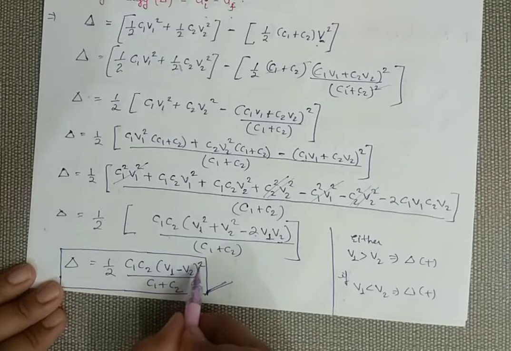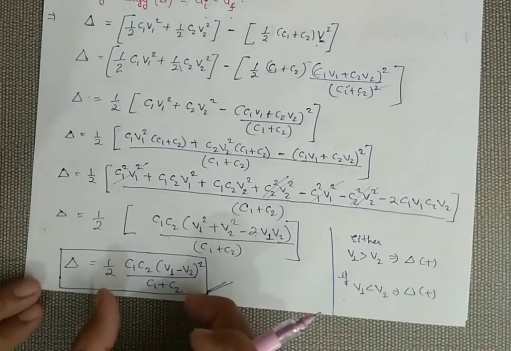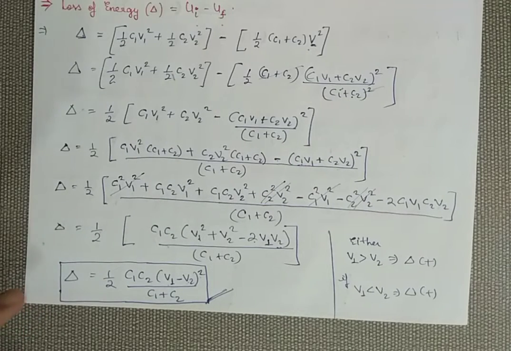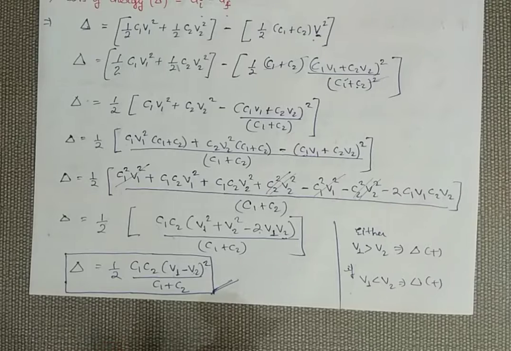If V2 is more, but there is a whole square, so this factor will always be positive. This factor can never come out negative. And if this is always positive, it means there is always some loss of energy. And remember, this loss of energy takes place in the form of heat. The calculation which I have done here shows that this loss of energy is equivalent to the amount of heat produced in the wire.